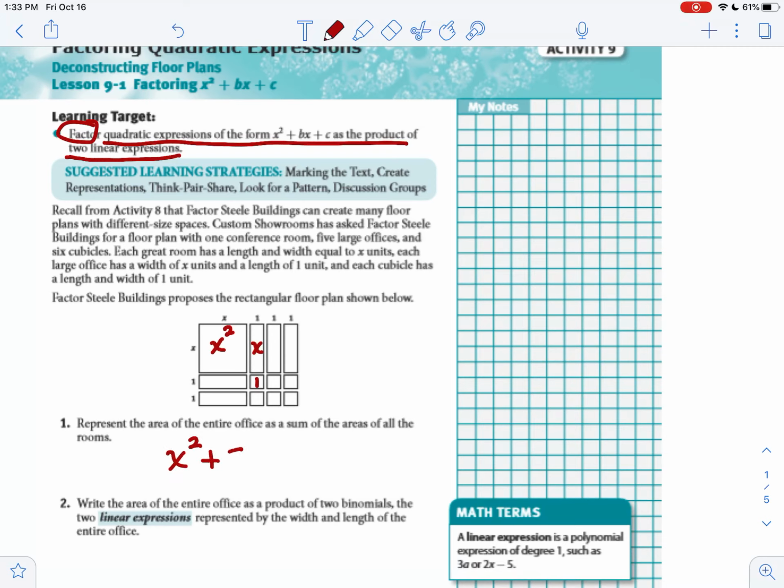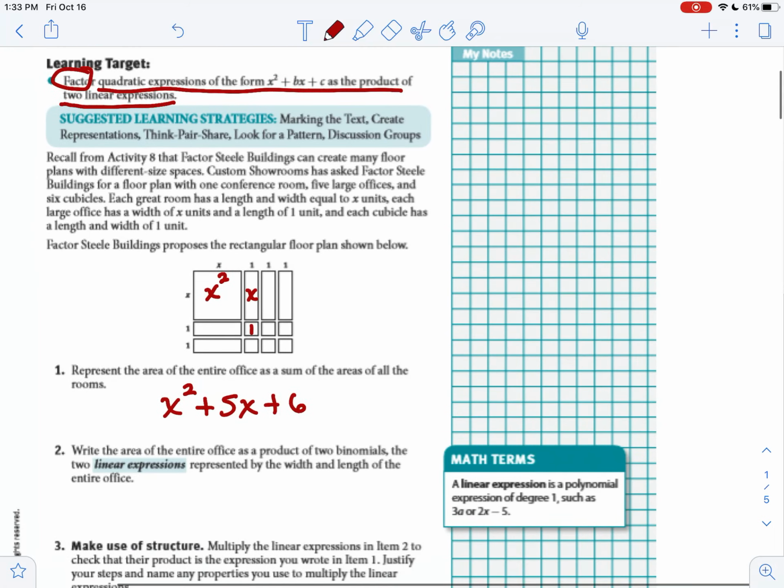And so if we add all those up, we actually have x squared, we have 5x tiles, and then we have plus 6 of the individual units.